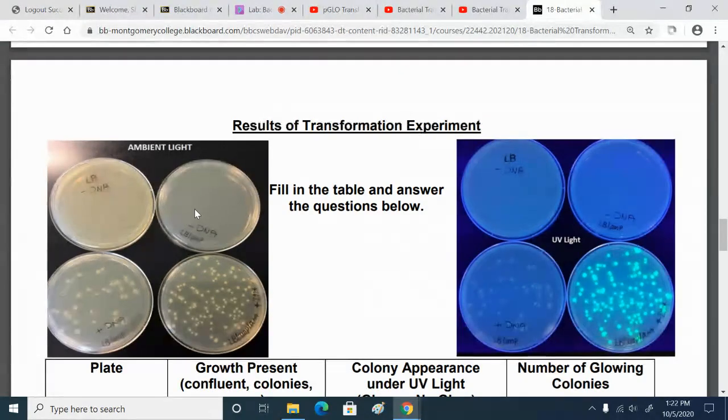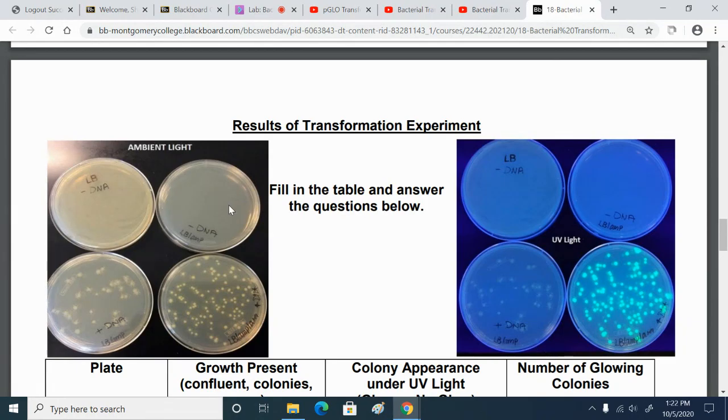That's important to know because remember, how do we know that transformation occurred? We know because the bacteria have become resistant to the ampicillin, right? That's how we select for the transformed bacteria. So we have to prove that the bacteria are not already resistant.